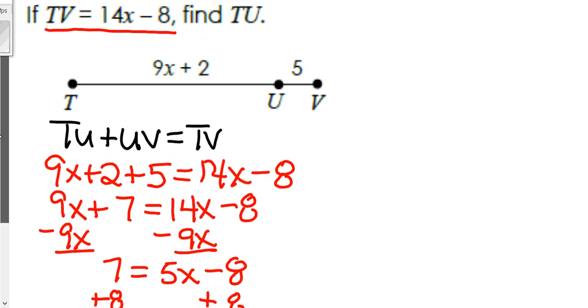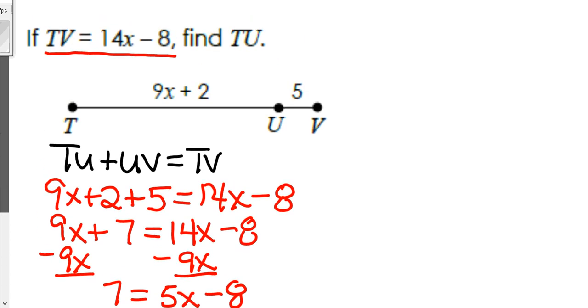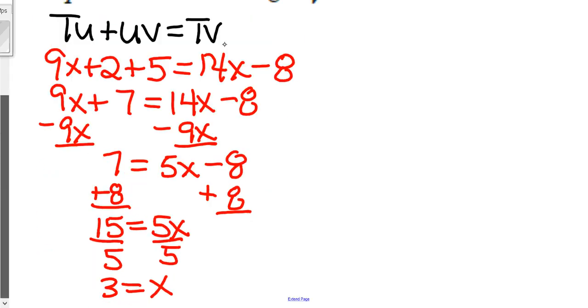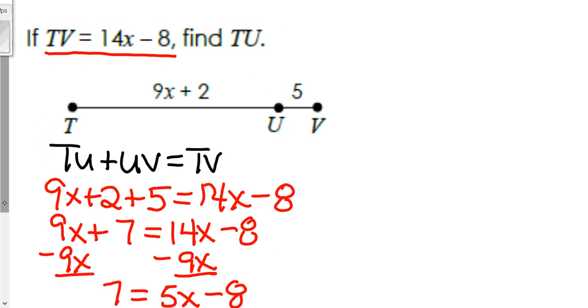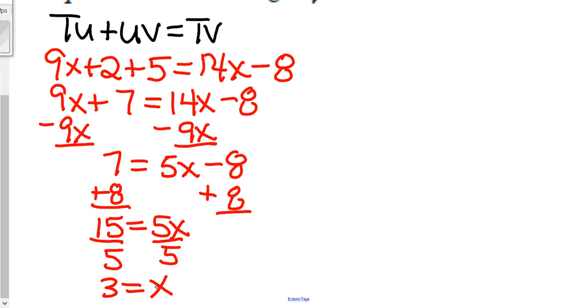Now, before we conclude with our problem, we go back to the original statement, and it says find TU. So in order to find TU, we have to use x and substitute back into TU. So TU is equal to 9x plus 2.